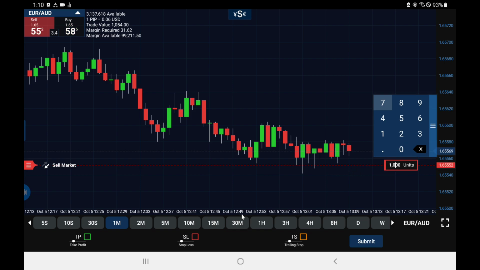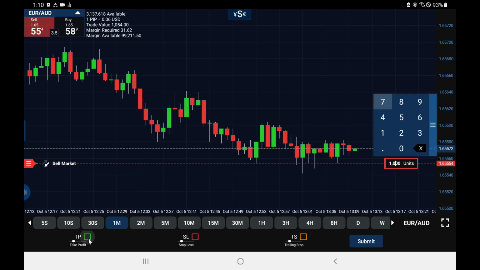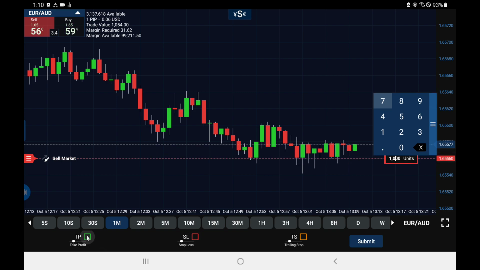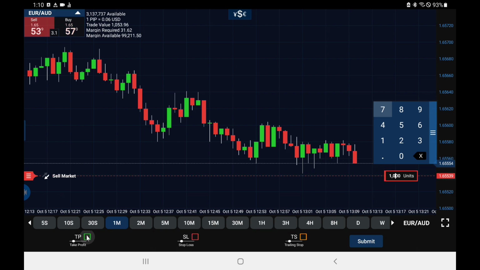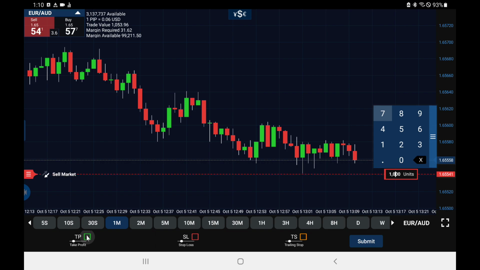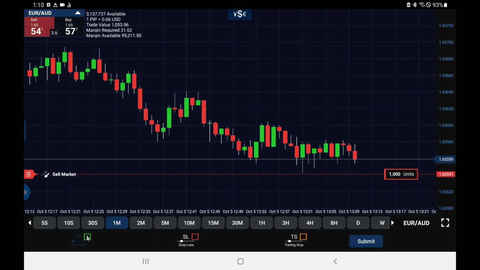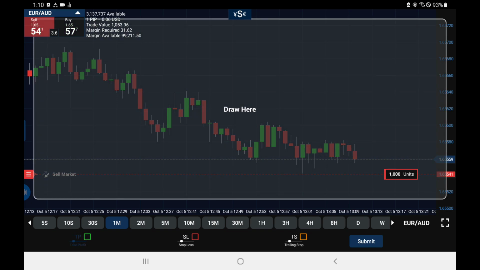Now we need a take profit, a TP. This is where we want our position to be sold or closed to earn money. So let's go ahead and set the take profit. Now, we know where the price is. Now we can simply draw on a screen, and I'm going to see if I can put this around 10 pips.